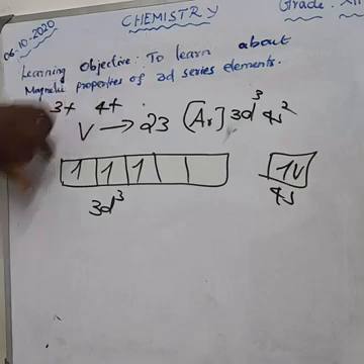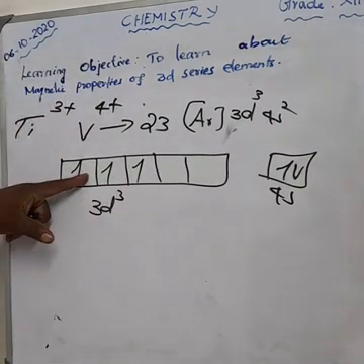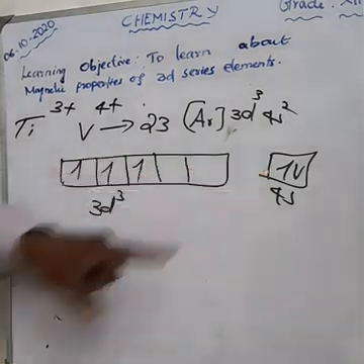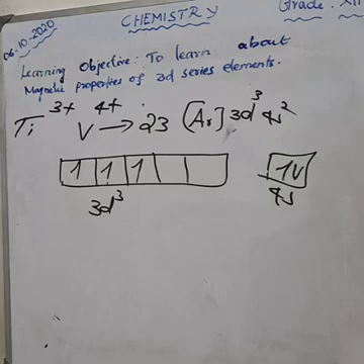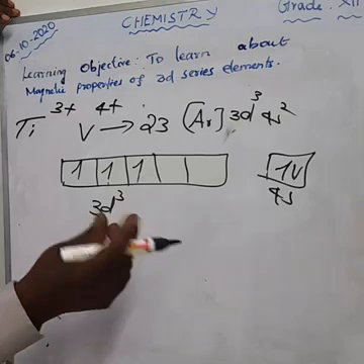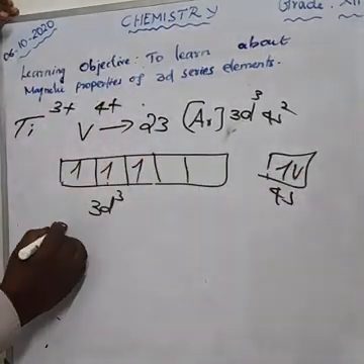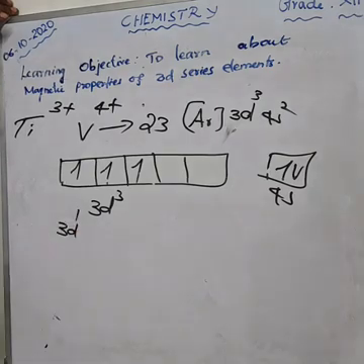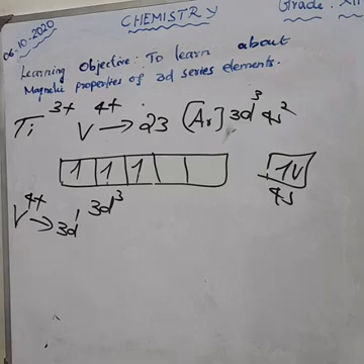Vanadium 4 plus means here the number of unpaired electrons is 3, and also including the 4s electrons, total 3 plus 2 we have 5 electrons. Out of these 5 electrons, it loses 4 electrons, 2 and 2. So what's the remaining? That is 3d1 configuration. So vanadium 4 plus is 3d1 configuration.